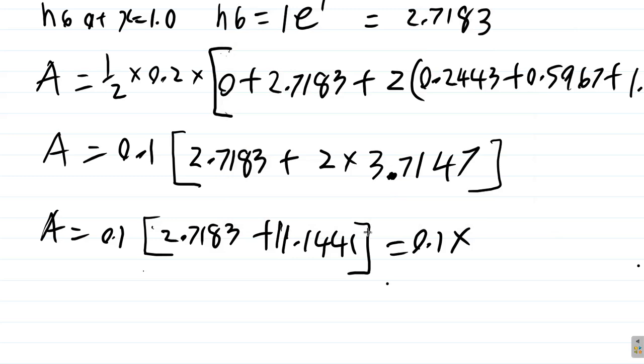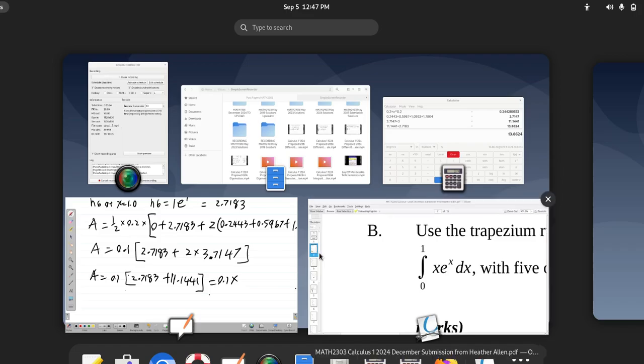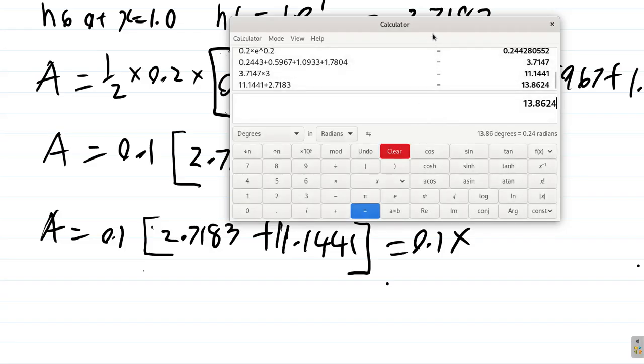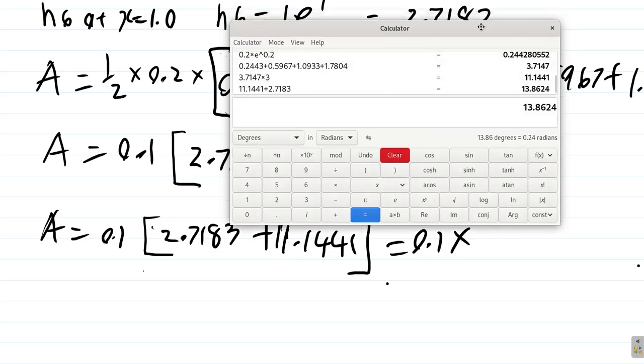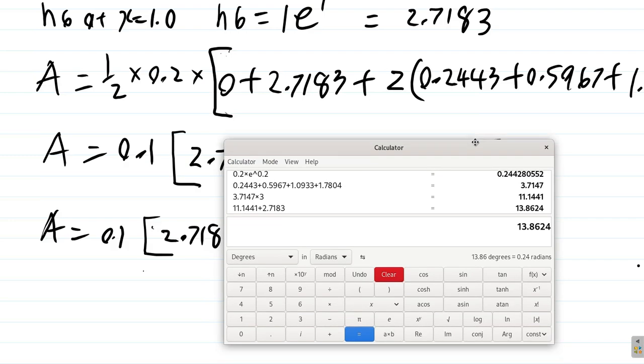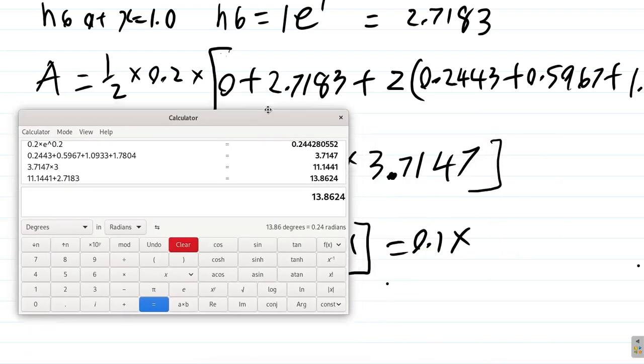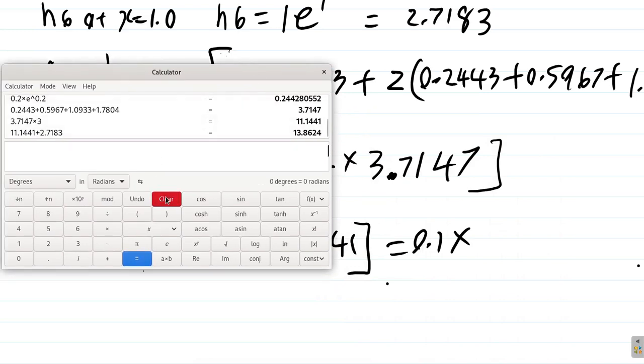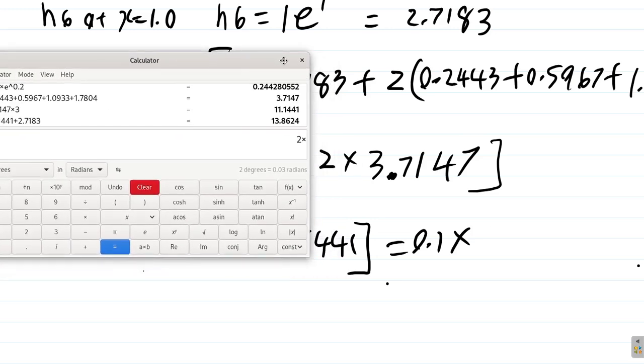Oh, hold on, what's going on? I had 2 point something, so how did it come to 11? No, hold on. Let's go back to this. I made some mistake here. Oh, I multiplied it by 3 instead of 2. Oh boy.